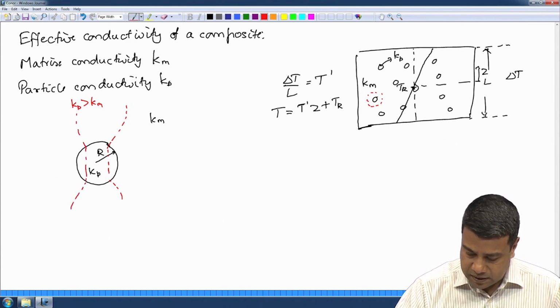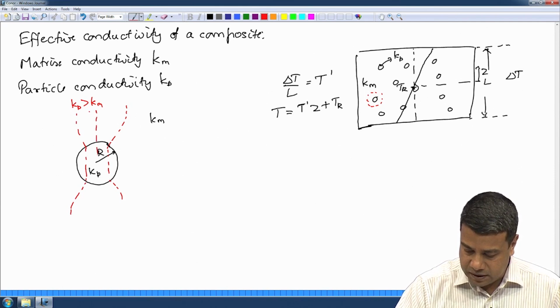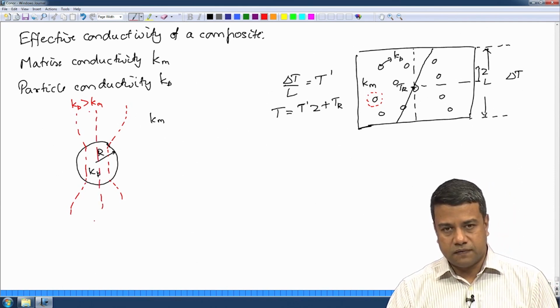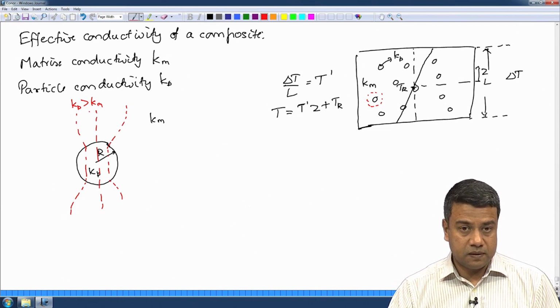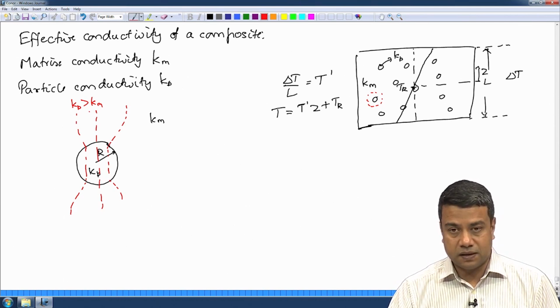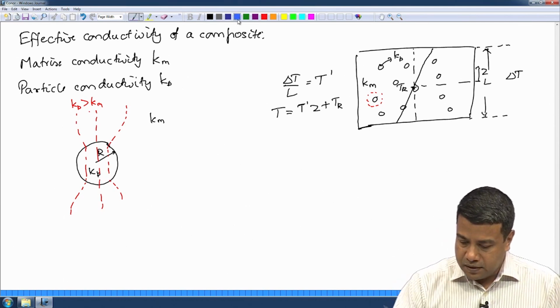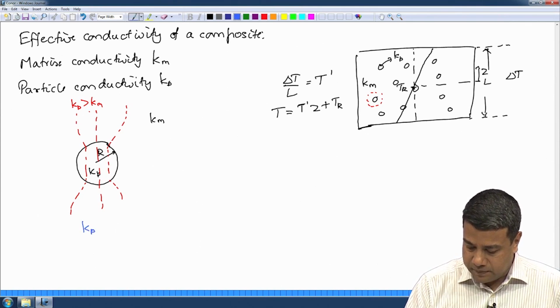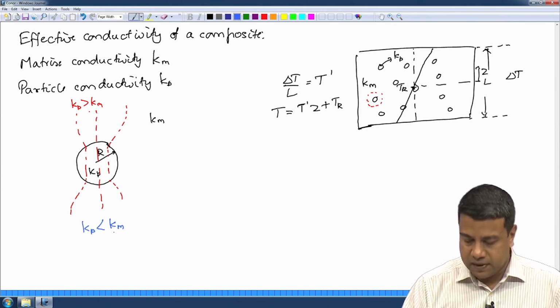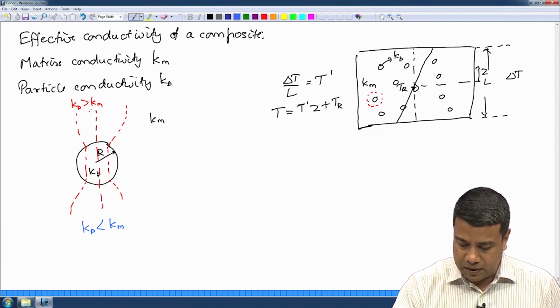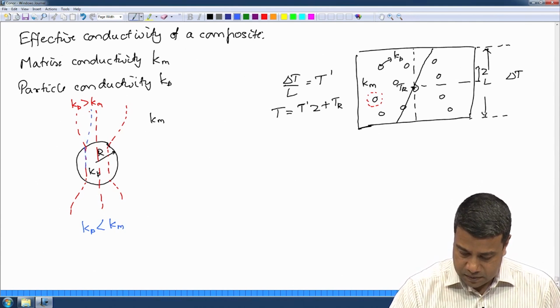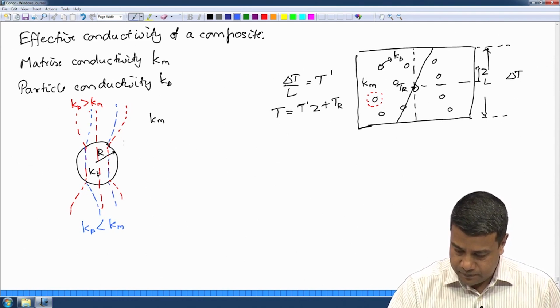Because this has a greater conductivity and therefore, it conducts heat more efficiently. So, the flux lines would go through the particle if the particle conductivity were greater than the matrix conductivity. On the other hand, if it were the other way around, the flux lines would actually go around the particle.